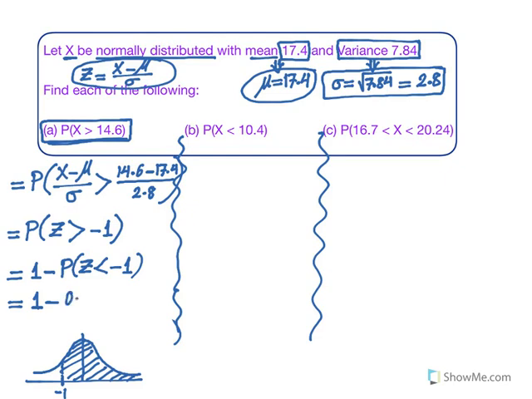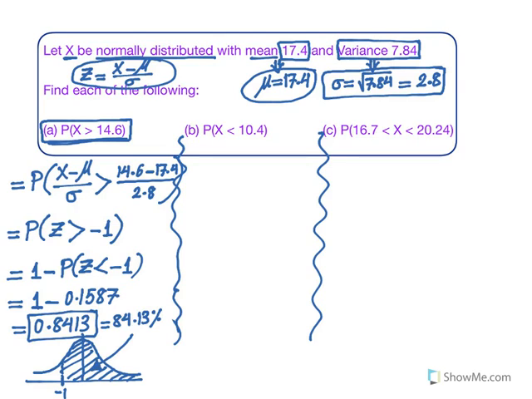So 1 minus 0.1587 will give you 0.8413. So this will be your answer. And as a percentage, it will be 84.13%. This is the area to the right of the z-score -1.